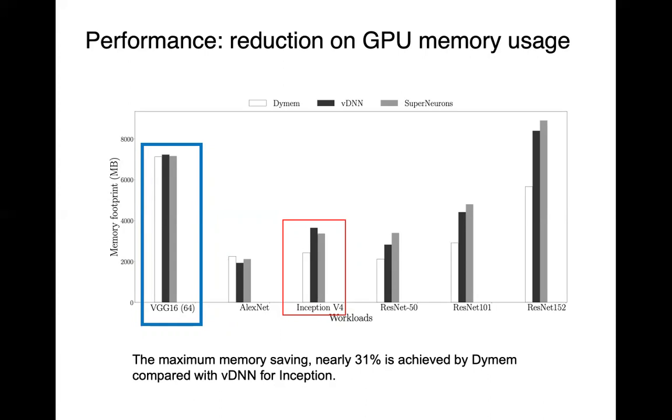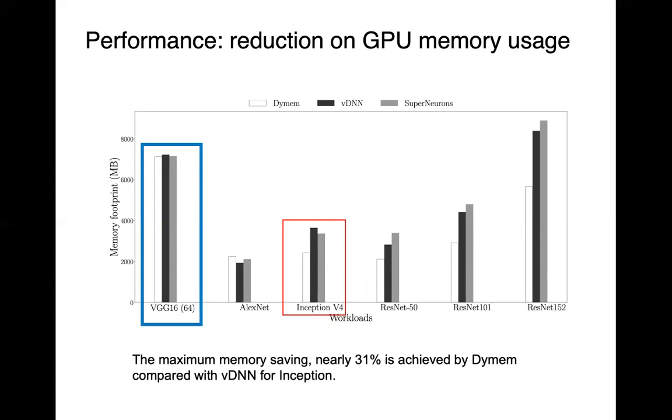From the results of the linear networks, VGG16 and AlexNet, we can see that there is no difference between these three strategies. For VGG16, our system even requires nearly 250 megabytes more memory than vDNN, because DiMax aggressively prefetches one more layer's data structure in the backward path than vDNN, trading memory space for performance improvement.